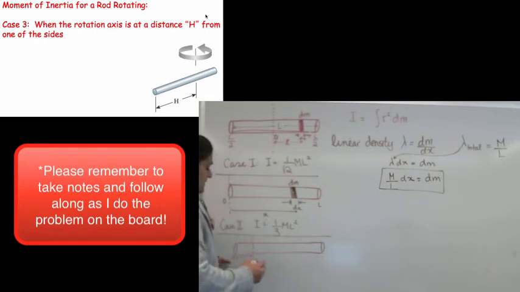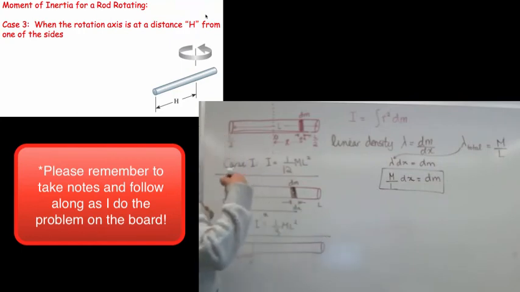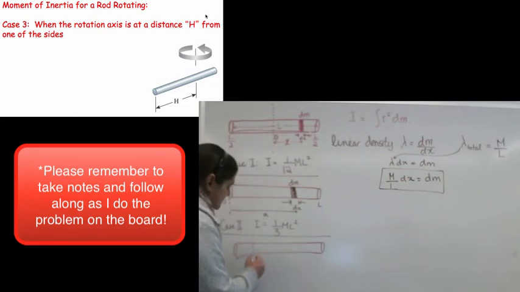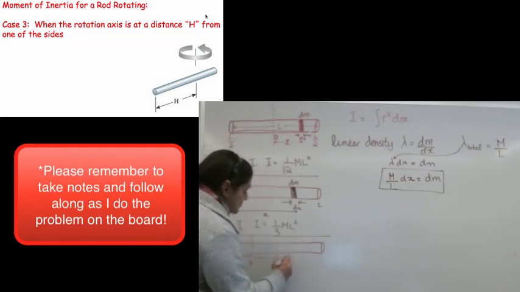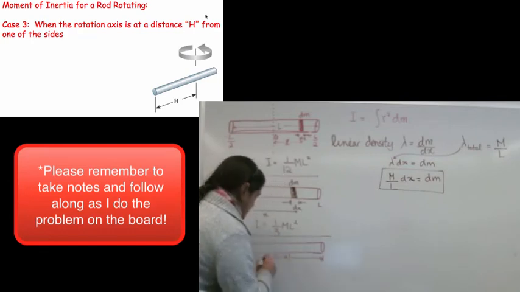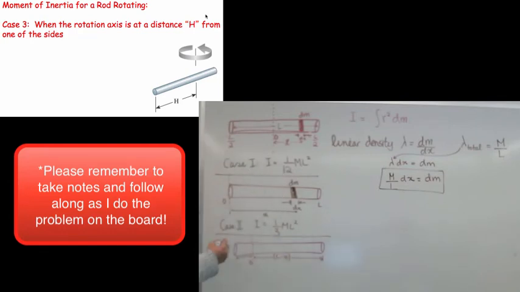I can call this one 0, and that will be h. So what is going to be this distance? Well, the easy solution would be, if this is the total length, I can call this L minus h, right? And I can call this one my origin. So in this case, what will be my limits of integration?